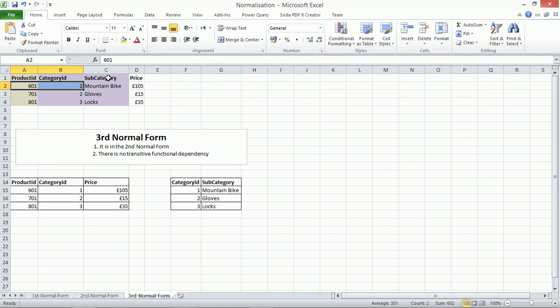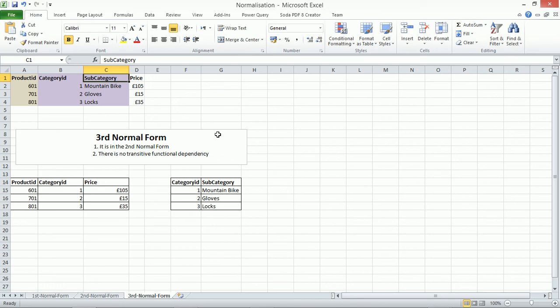So for example, you have mountain bikes, and for mountain bikes you have product ID 601. So 601 will always be a mountain bike, so 601 will always come under the category 1, but category ID is also dependent upon subcategory ID.